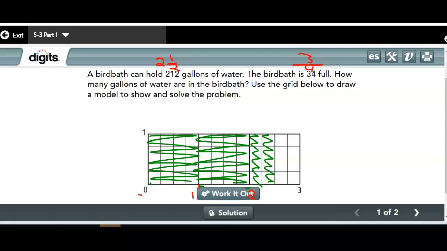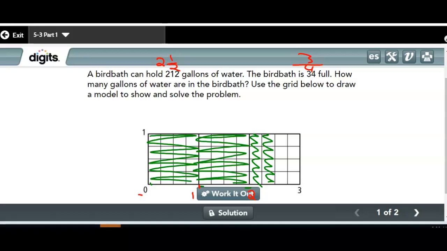Now, it says the bird bath is 3/4 full. So now I need to represent 3/4. Am I going to be working with my columns up and down or my rows side to side now? It's going to be my rows.